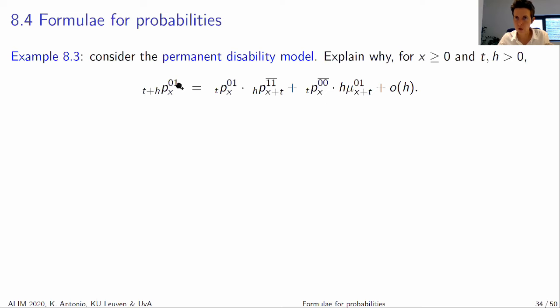So that means, given that I start in the healthy state at age x, what is the probability that I will be in the disabled state at age x plus t plus h? And we want to wonder how we can see this using the following expression.